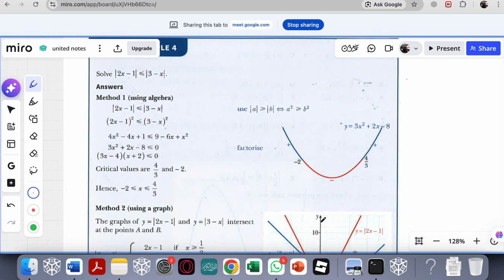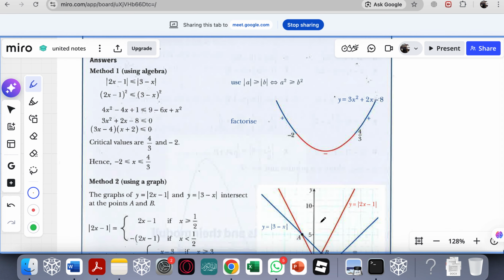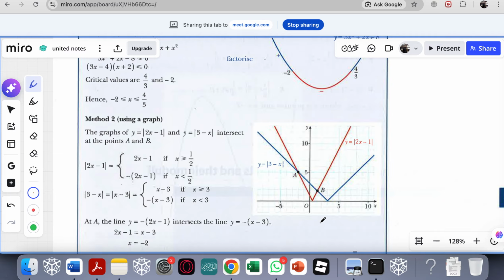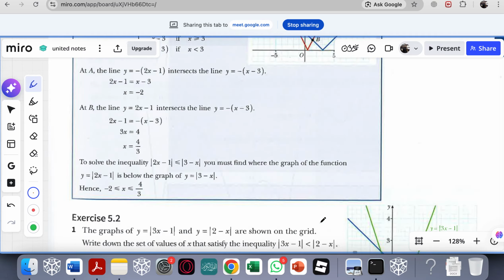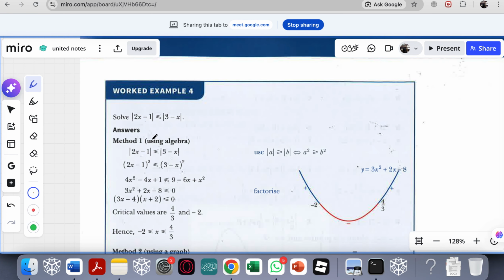Okay, now let's quickly take a look at this, briefly. The modulus of one on the left and the modulus of another one on the right. Using algebra, you write the modulus of this is less than or equal to the modulus of this, and then you find the two values and put them in an inequality.